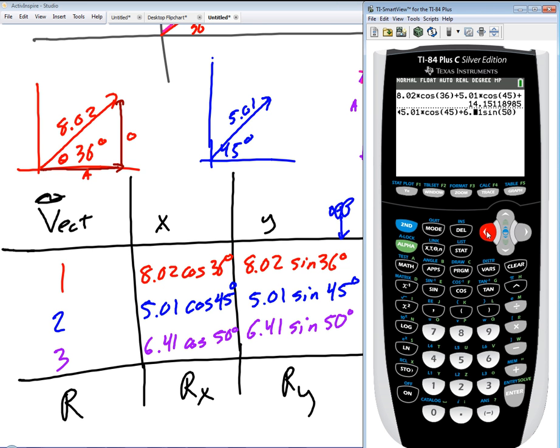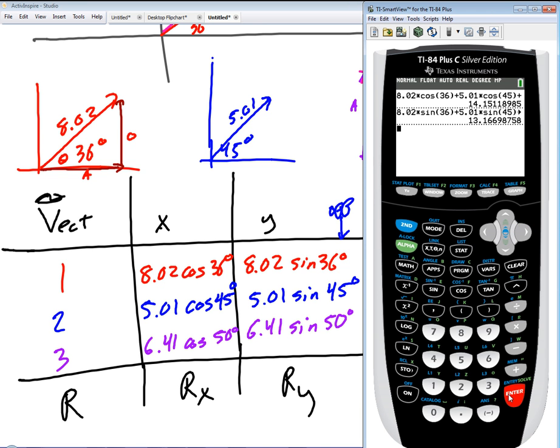Oh, and how do I get all the way to the left? Second left. Isn't that cool? Enter.